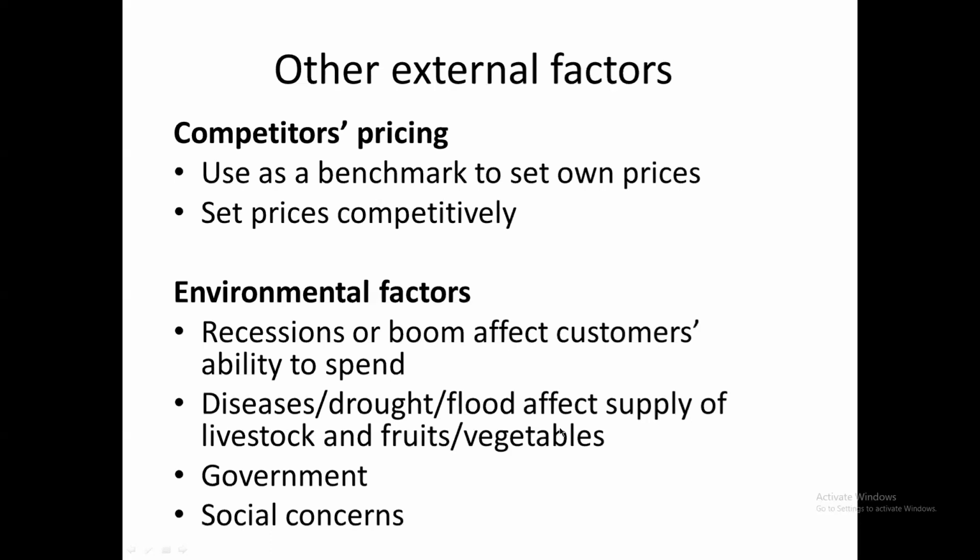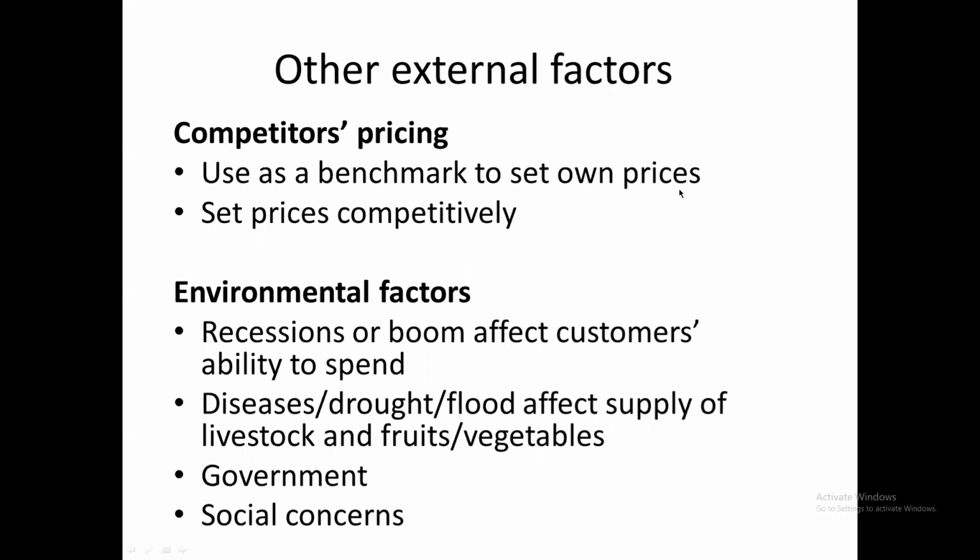Other external factors: competitors' pricing is used as a benchmark to set our own prices. We have to use it as a benchmark to set our own price according to the competitors' pricing, and also set prices competitively. There are some environmental factors.